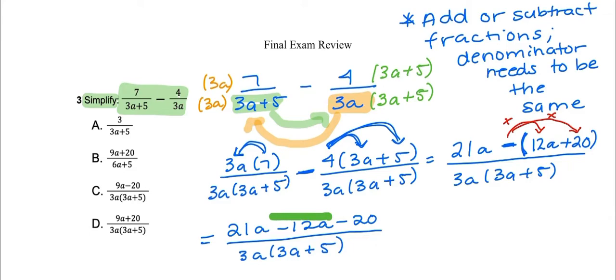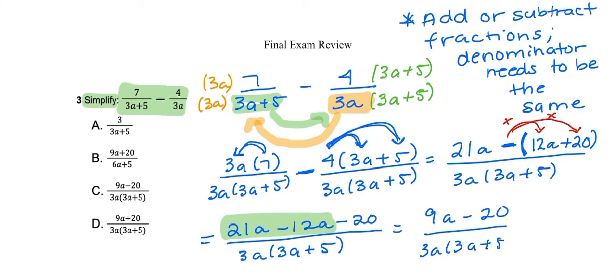I'm going to combine these because they both have a's. So 21 minus 12 is going to give me 9a minus 20 divided by 3a times 3a plus 5.